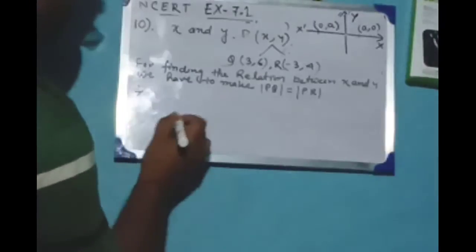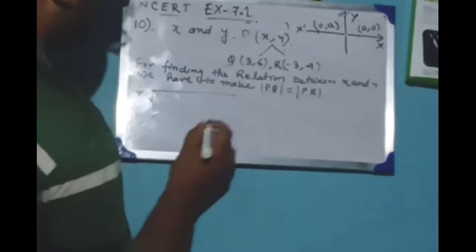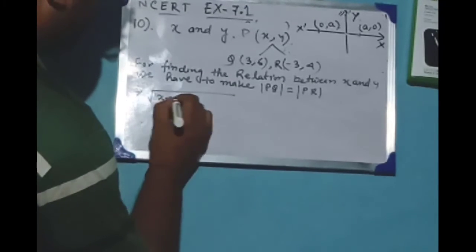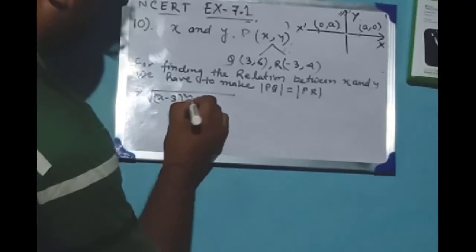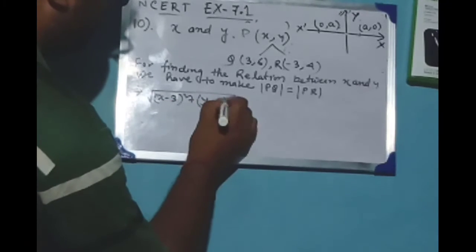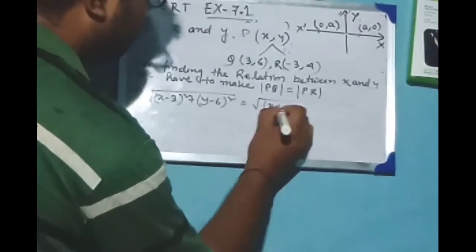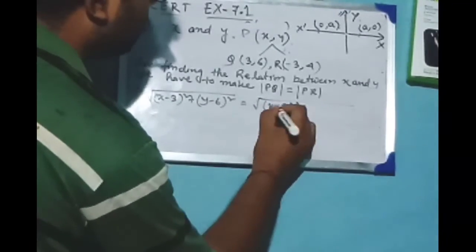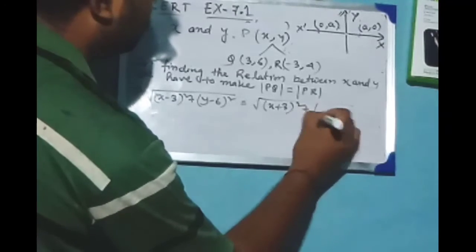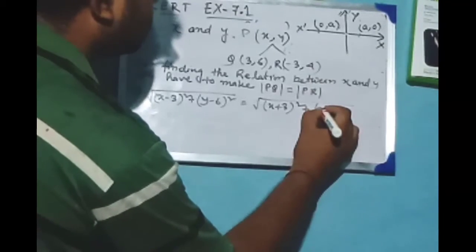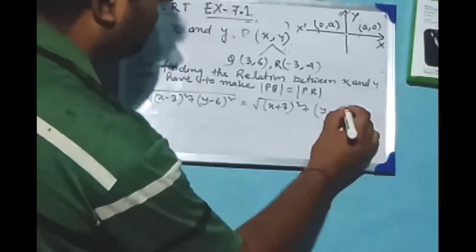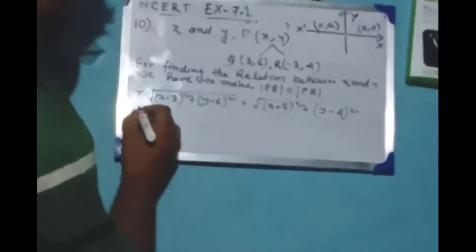Now that's implying root under of (x minus 3) whole square plus (y minus 6) whole square, that's equal to root under of (x plus 3) whole square plus (y minus 4) whole square.